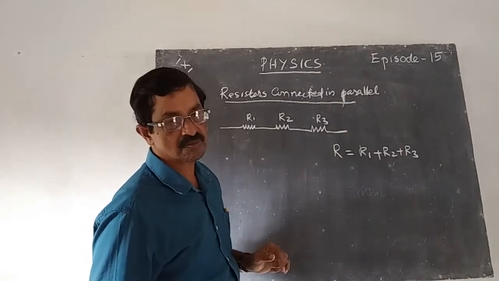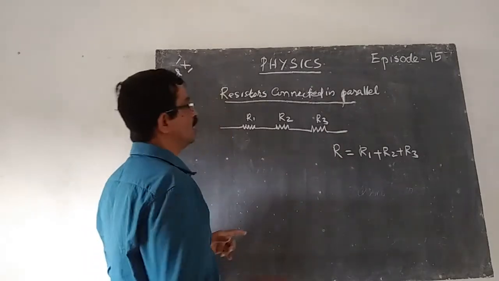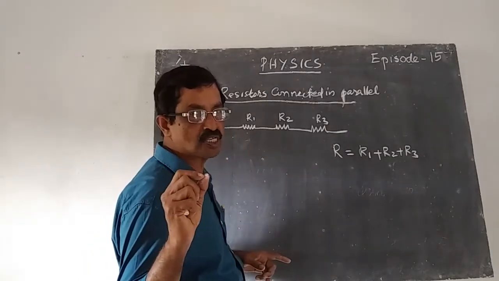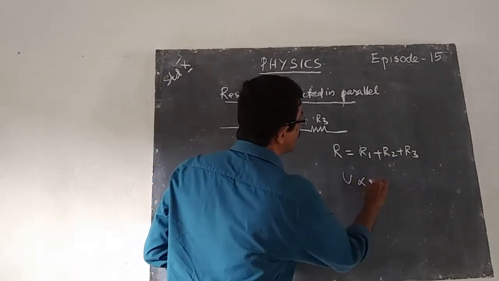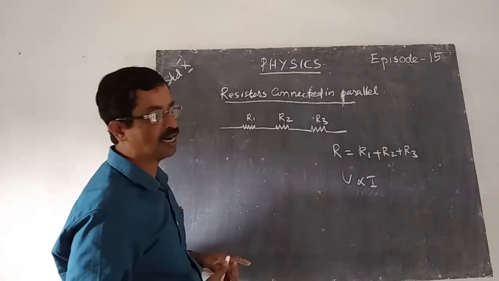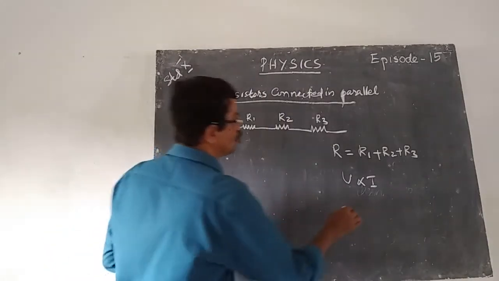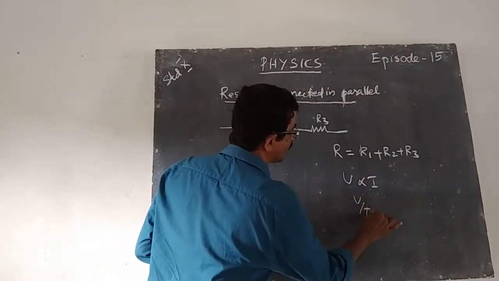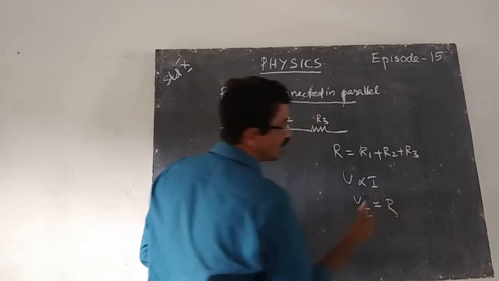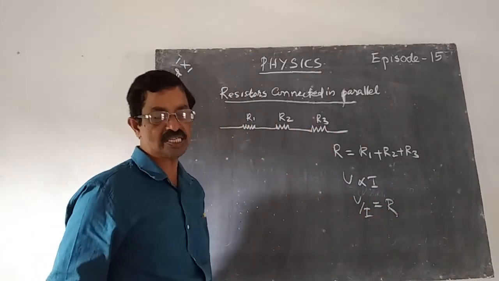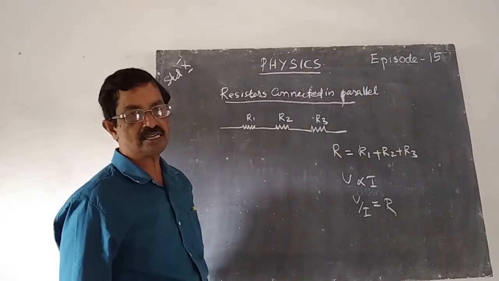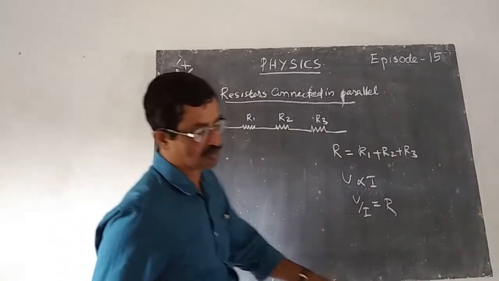Under a constant potential difference, current is proportional to that. That means V is proportional to I, or V by I gives a constant, and it is called resistance. These things we discussed in our previous class.